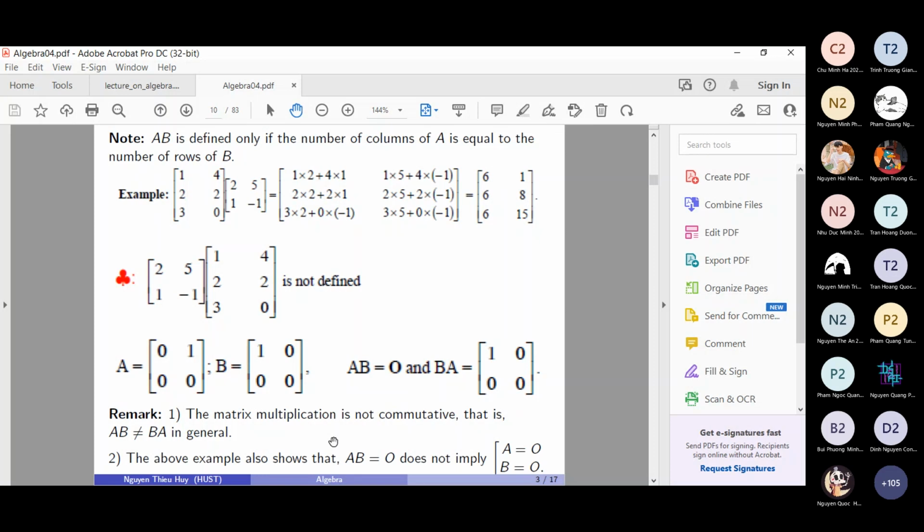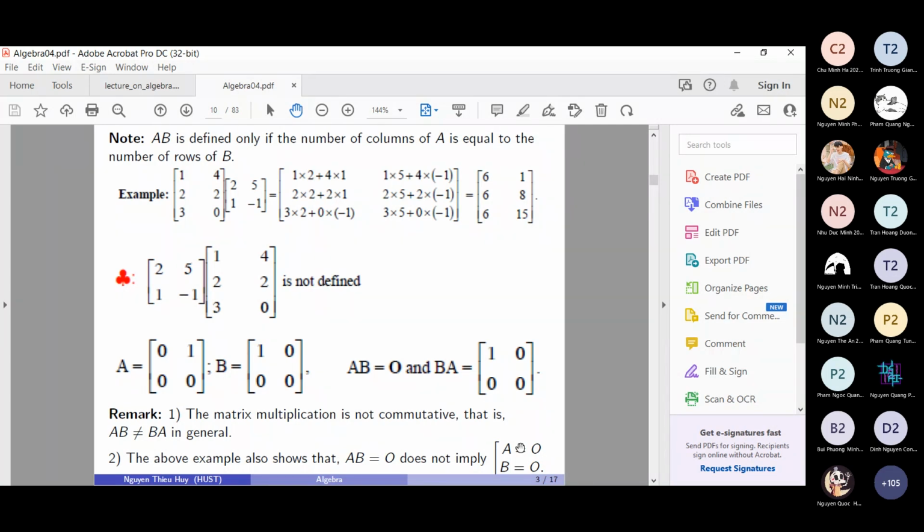So this example already shows that A multiply B being zero doesn't imply that one of the two is the zero matrix. So matrix multiplication is very special.